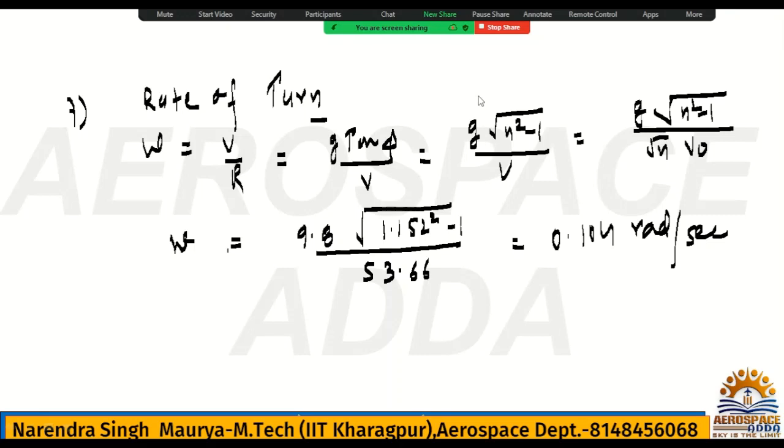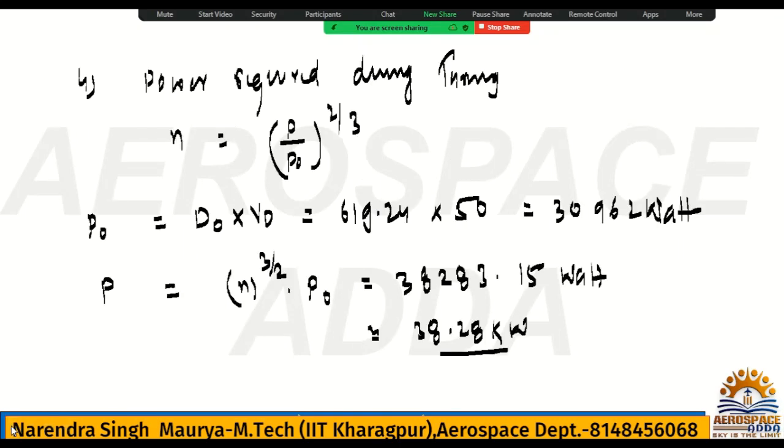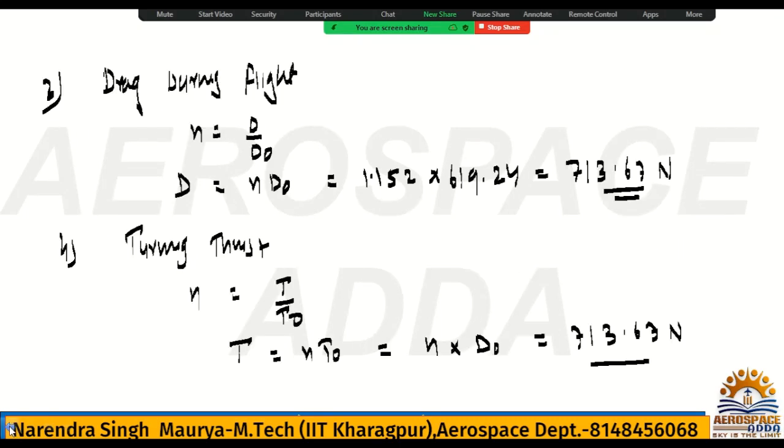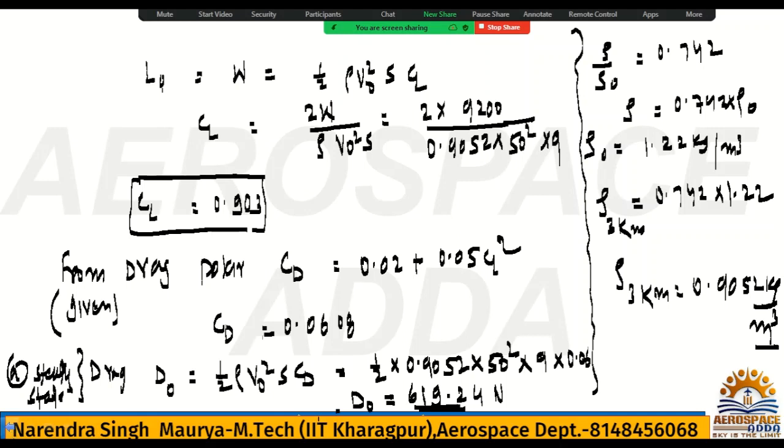So here check whatever is possible. For this one single problem, I have taken all the considerations, all the parameters, and compared things like steady state level and turning flight. Now different questions they can ask.